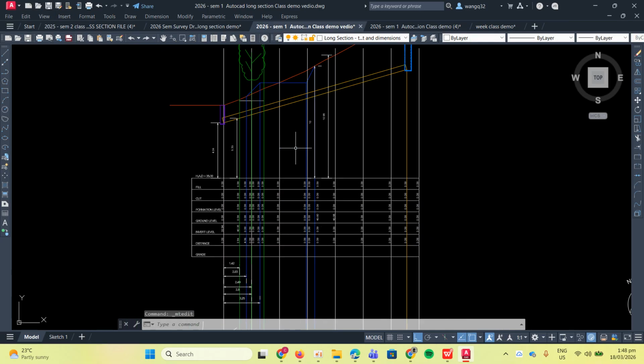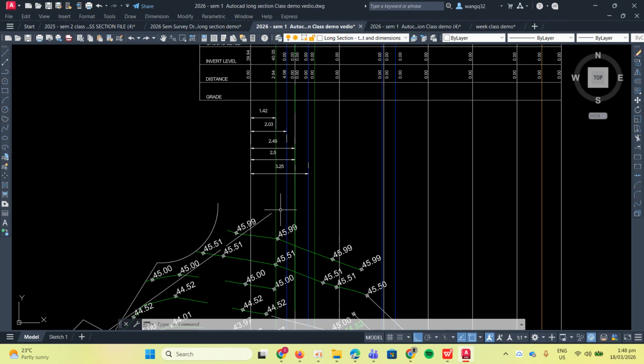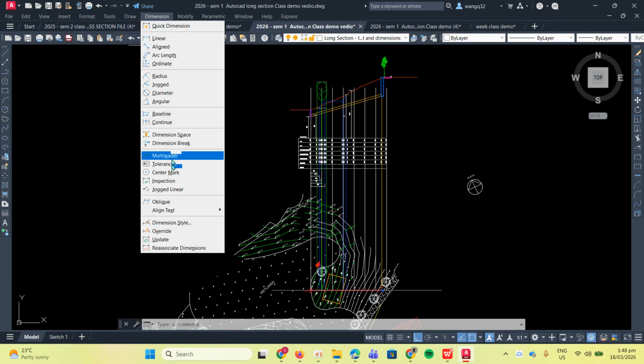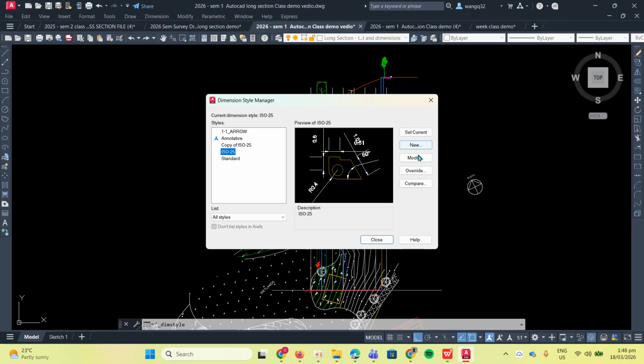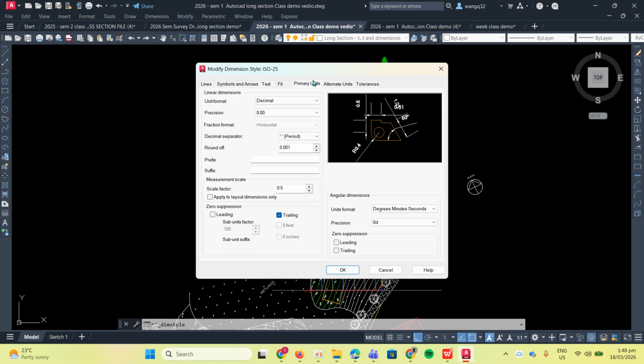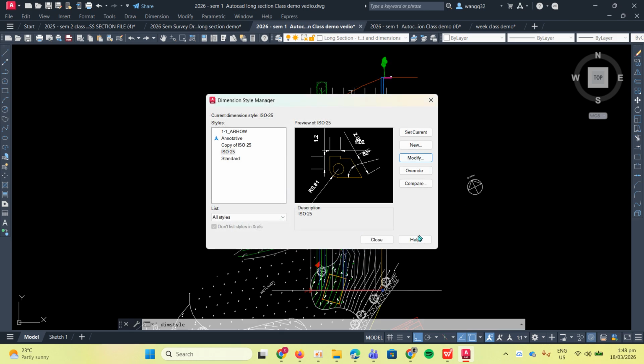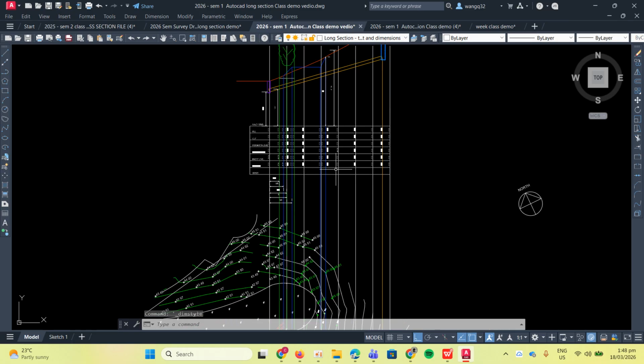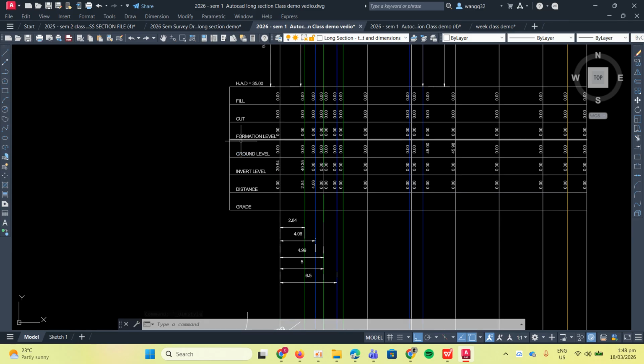By doing that, you do need to divide the vertical by 2, but your horizontal will change to half as well. So if you do it that way, after you change the vertical, you need to change your dimension scale and your scale factor back to 1 again. That's how you find your ground level.